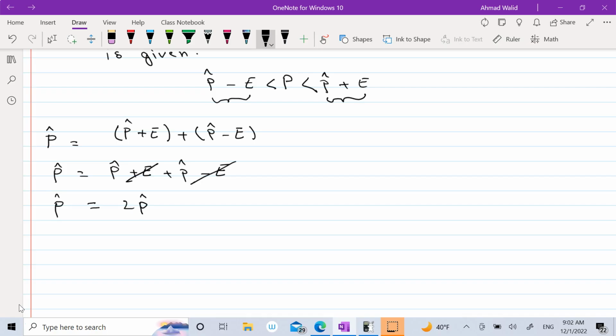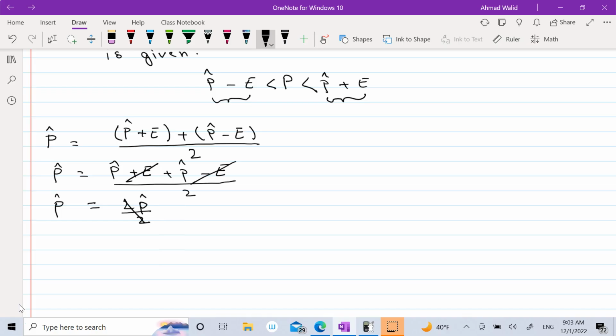To make this an equation, I have to divide this side by 2 to get rid of the 2. It means at the beginning I have to divide by 2 to get p hat, correct? Now, you don't need to memorize this derivation, I just showed you how.